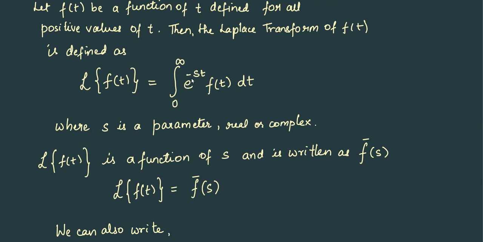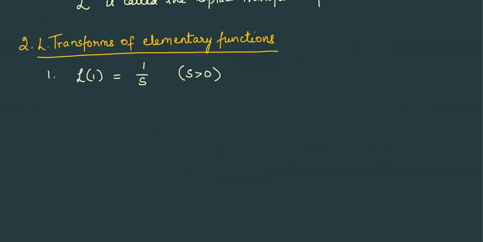And minus e power 0 is 1, so minus of minus 1 upon s. So you get 1 by s for the condition s greater than 0. If s is not greater than 0, the Laplace transform of 1 goes to infinity. That's why this is the basic condition we put, that s should be greater than 0. It's just a matter of applying the integral.